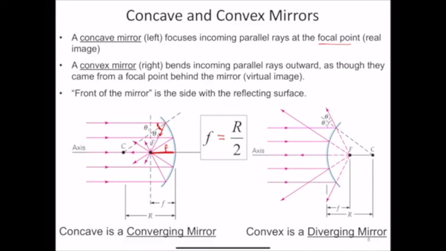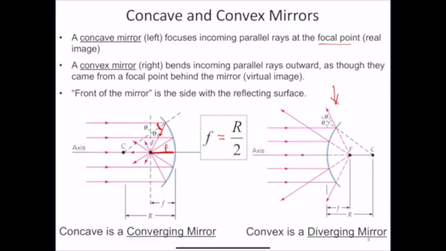For a convex mirror, what happens is after the rays of light hit the mirror, they all obey the law of reflection and then they diverge. You can see that all of these rays on the right side in this diagram, after reflection, diverge from the mirror.